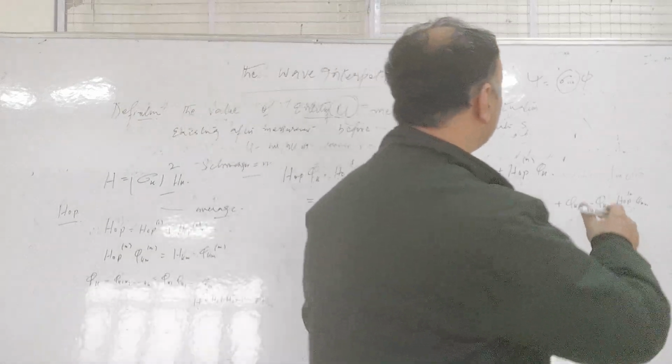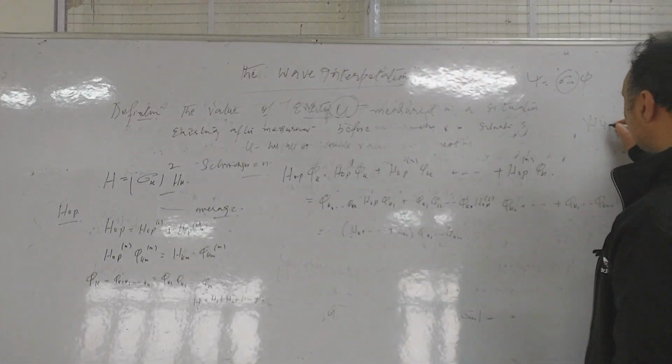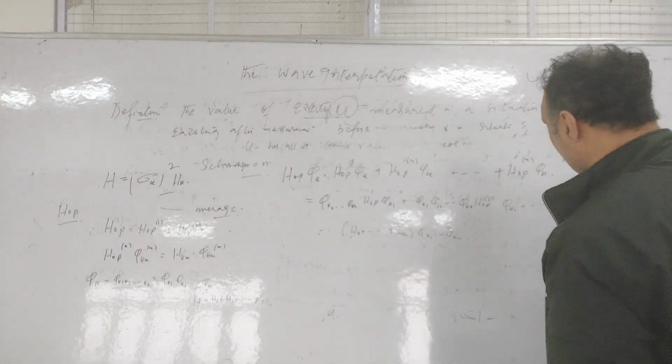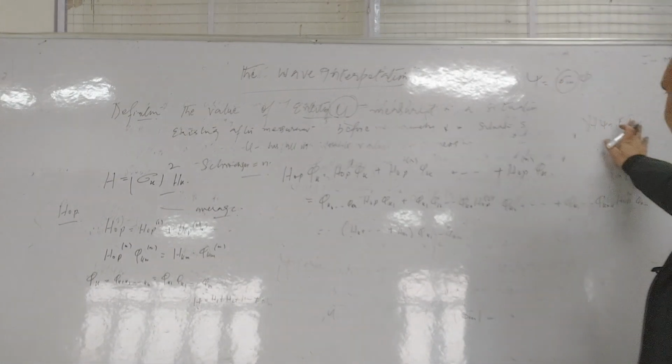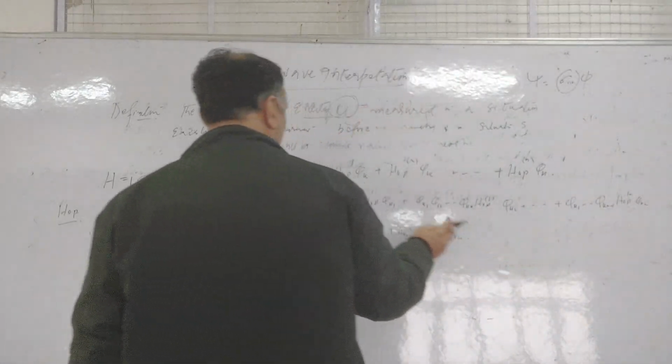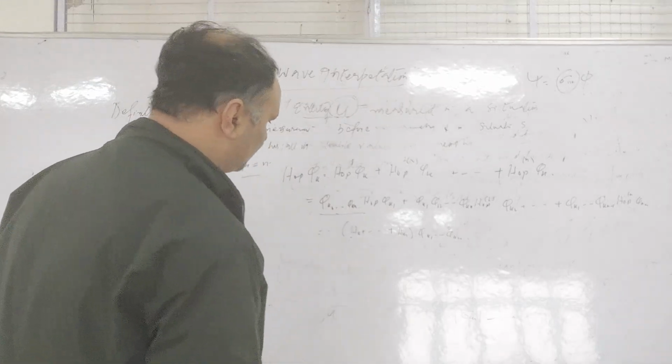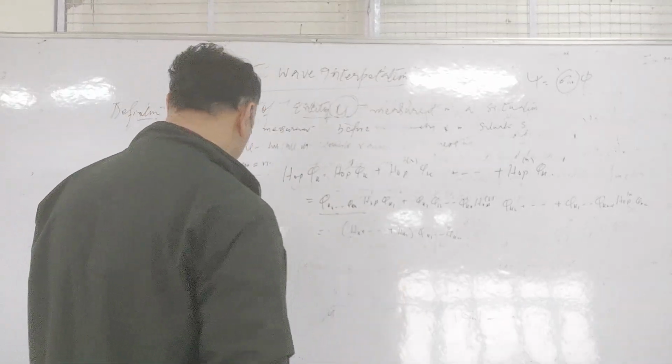Now we have written H in terms of phi. If you remember the Schrodinger equation, H psi is equal to E psi. You can write this with phi's, and you can have psi's also. So at the end you can write it in this way.